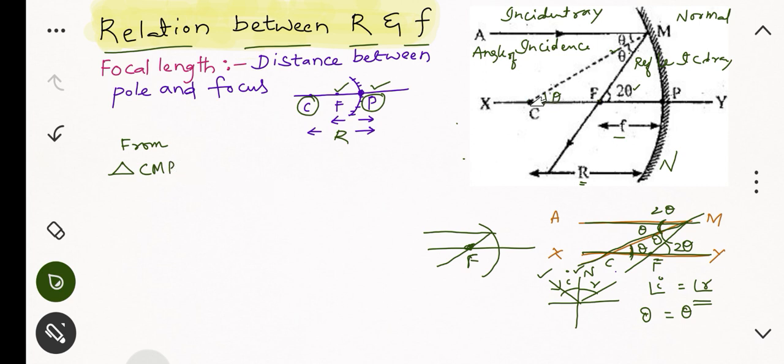In the figure, CMP is not a triangle. Here CMP looks like an arc. So in order to form a triangle, we will draw a perpendicular line, the foot of the perpendicular.